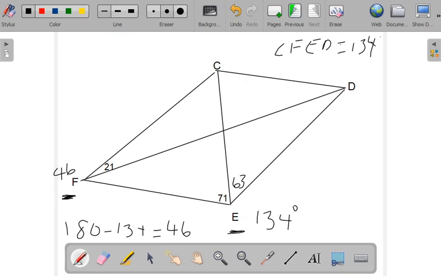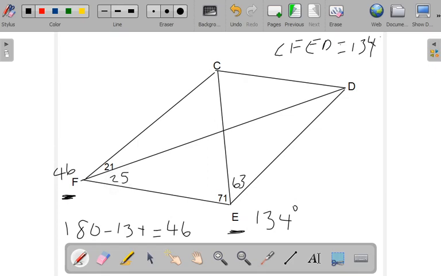So this entire angle over here is 46 degrees. So we can find this angle right here by subtracting 46 minus 21. So 46 minus 21 would give us 25, right? So this angle right here is 25.